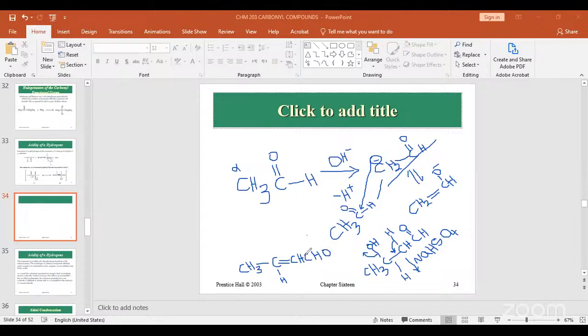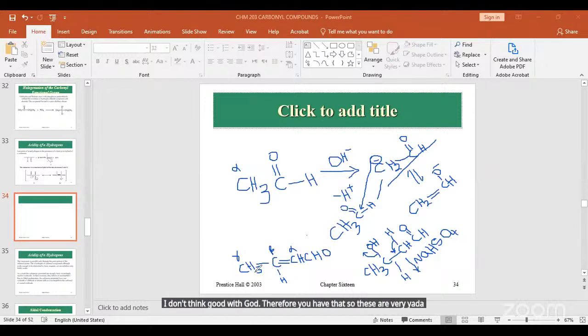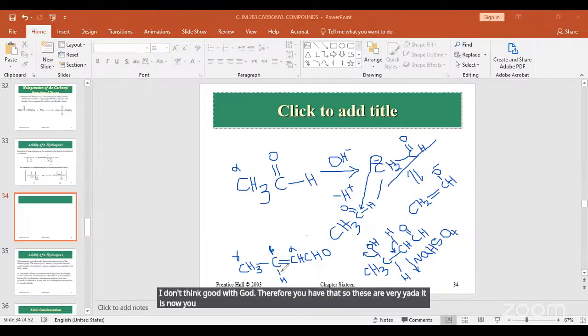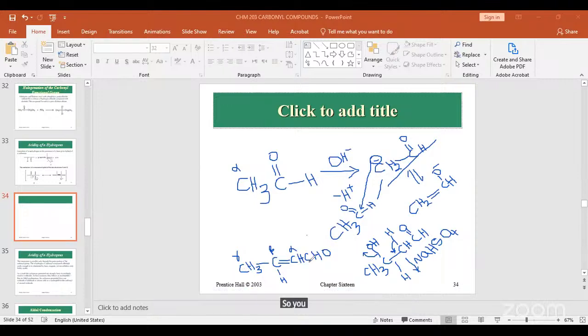So this is my alpha carbon, I have a beta carbon here, and this is gamma. So you are going to form an alpha,beta-unsaturated carbonyl compound at the end of it, because the hydroxyl group is gone. Now you could be asked, what is the name of this compound? This is 1, 2, 3, 4. So you have 2-butenal.